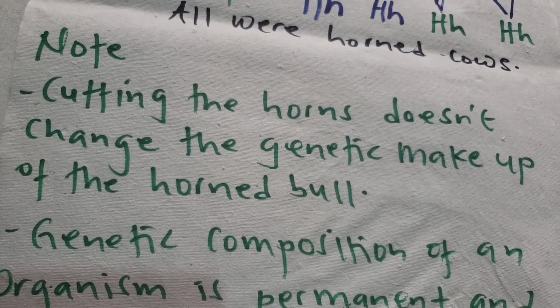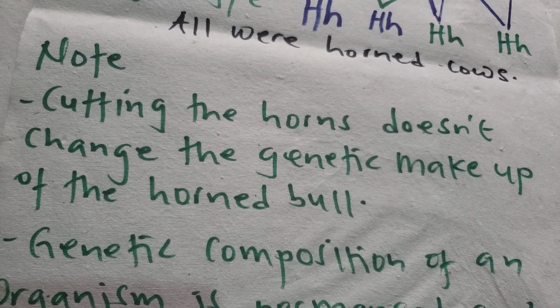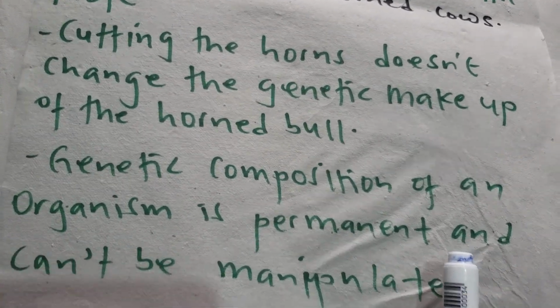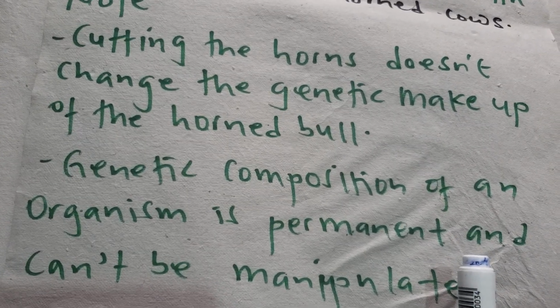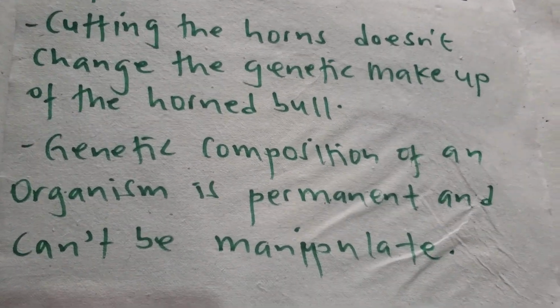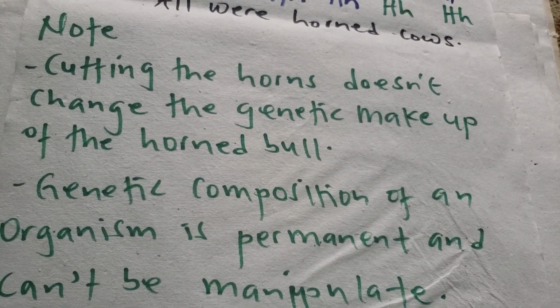That idea is not correct. When you cut off the horns, it does not change the genetic makeup of the horned bull. Two, the genetic composition of an organism is permanent and cannot be manipulated.